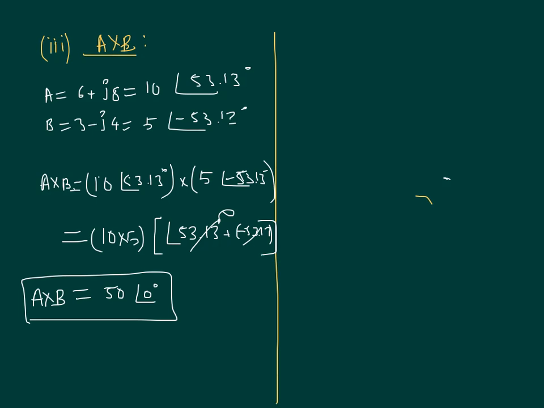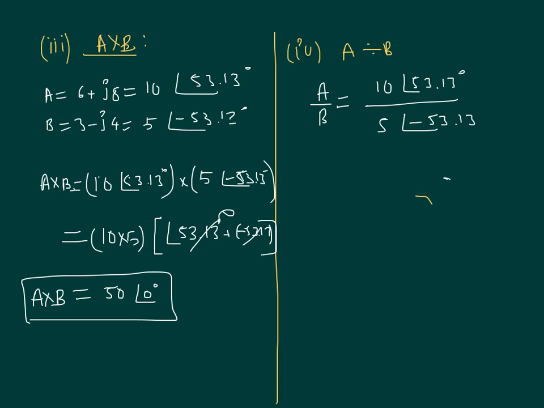Similarly, the fourth one is a divided by b. This is very simple. A by b equals, for this also polar representation is needed, 10 at an angle 53.13 degrees by 5 at an angle minus 53.13 degrees.